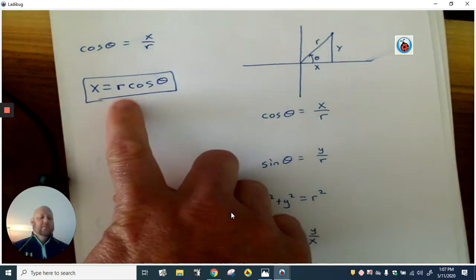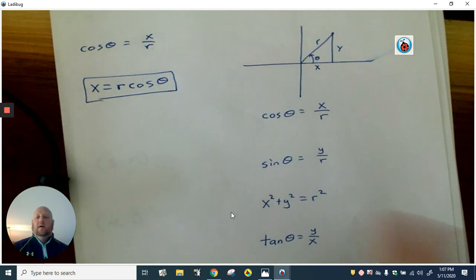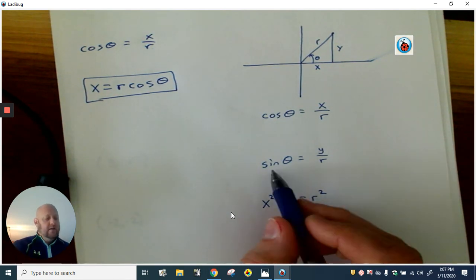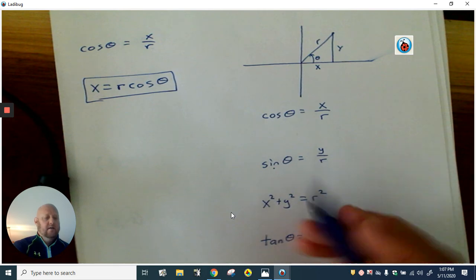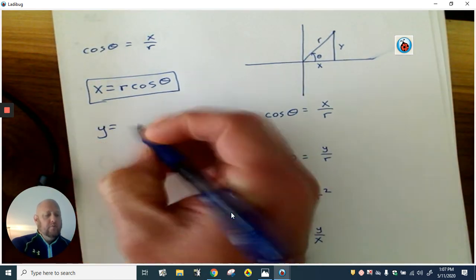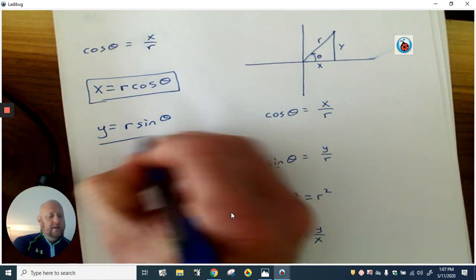It's going to help us go back and forth between the rectangular system and the polar system, or vice versa, okay? And we can also do the same thing with sine of theta is equal to y over r. If we butterfly that, we can get to the point where we know y is equal to r sine of theta, okay?